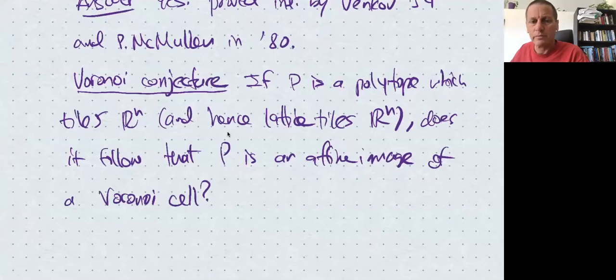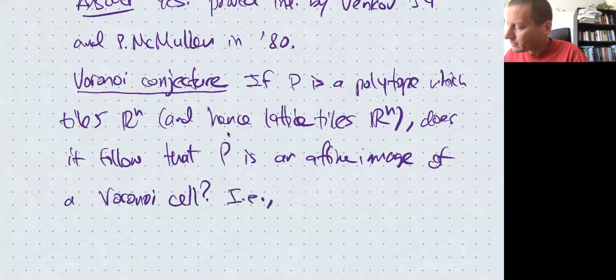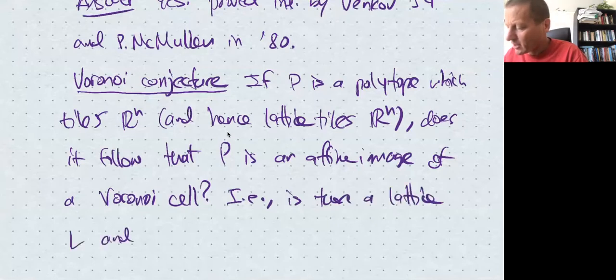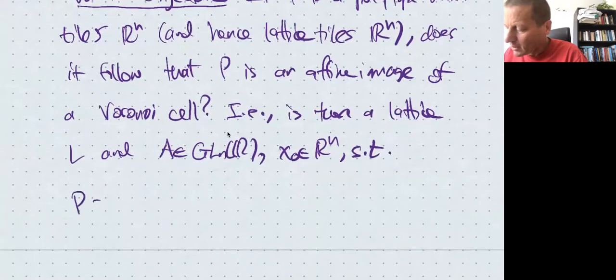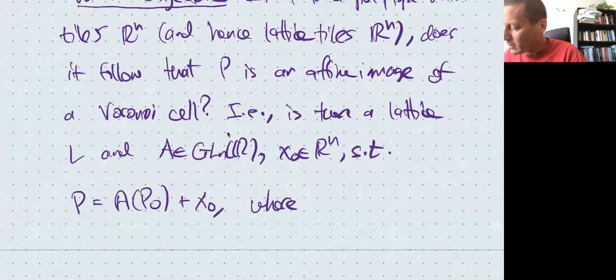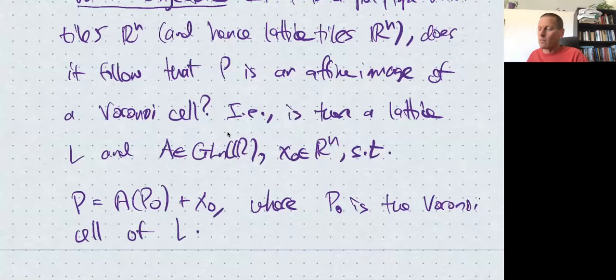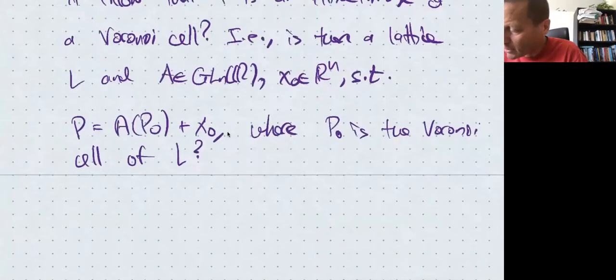So, in other words, is there a lattice L and a matrix A in GL_n(R), and a vector F0 in Rn, such that P equals A P0 plus F0, where P0 is the Voronoi cell of L. And let me remind you what a Voronoi cell is.